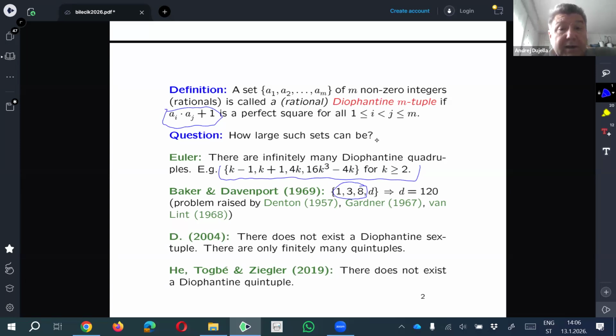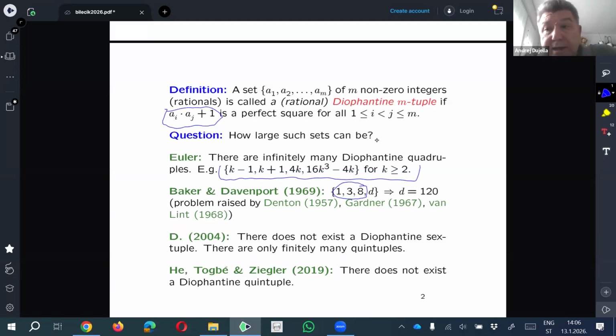This result motivated the conjecture that there is no integer Diophantine quintuple. In 2004, I was able to prove that there are no sextuples and there are only finitely many quintuples. Finally, in 2019, He, Togbe, and Ziegler proved that there does not exist a Diophantine quintuple. So in some sense, the problem in integers is solved.